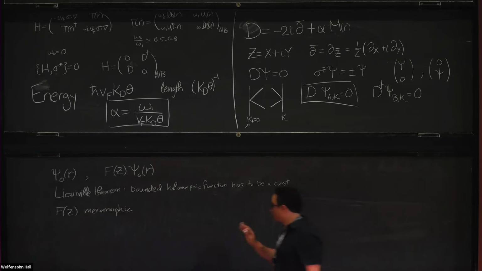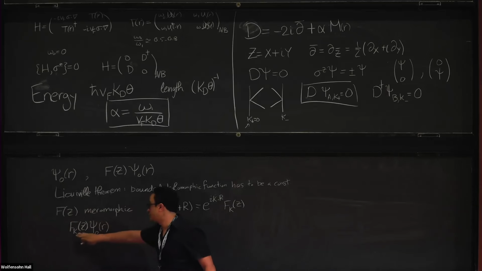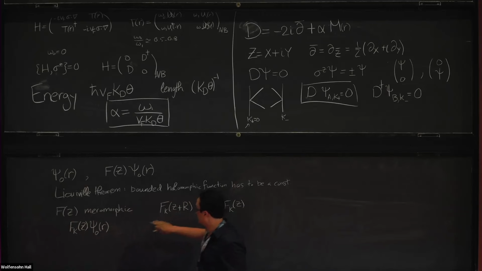So if we find the meromorphic function that has the following property, F_k(z plus R), where R is a lattice vector, is equal to e to the power i k dot R times F_k(z), then given one zero mode that describes the Bloch state at momentum 0, multiplying it by this factor gives us a zero mode that has momentum k, because under translation, this combined object will behave like a Bloch state with momentum k.